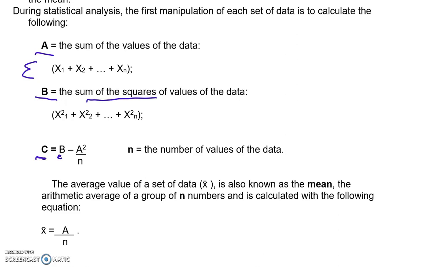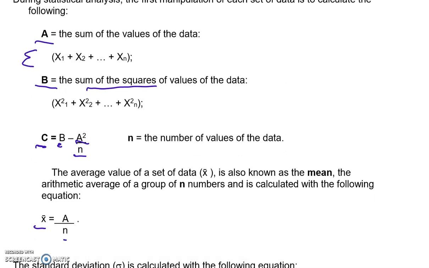Now if we square that, then we have the square of the sum of the data points, and we have to divide here by the number of data points that we have in our set. The average is always calculated by the average, that's X bar, and it's customary to call it X bar, is equal to the sum of your data points divided by the number of samples that you have.